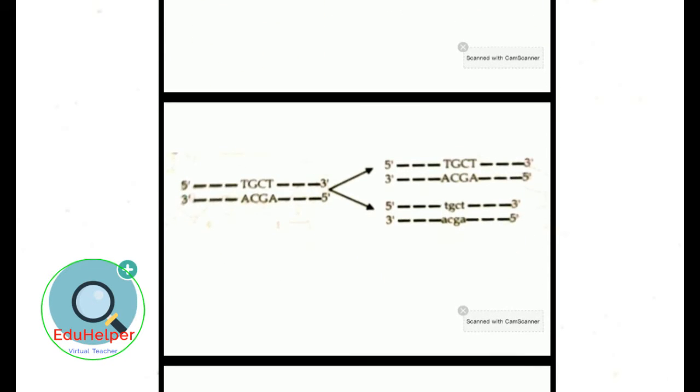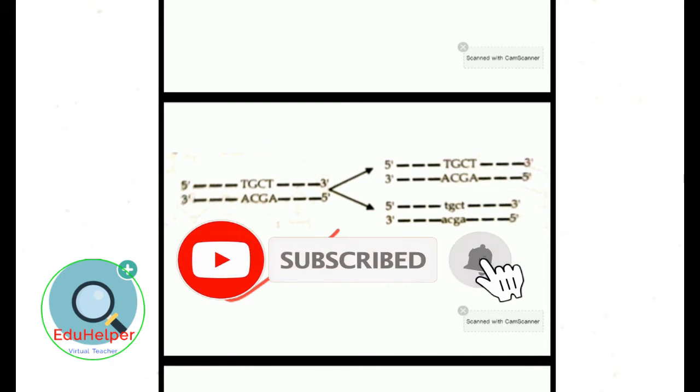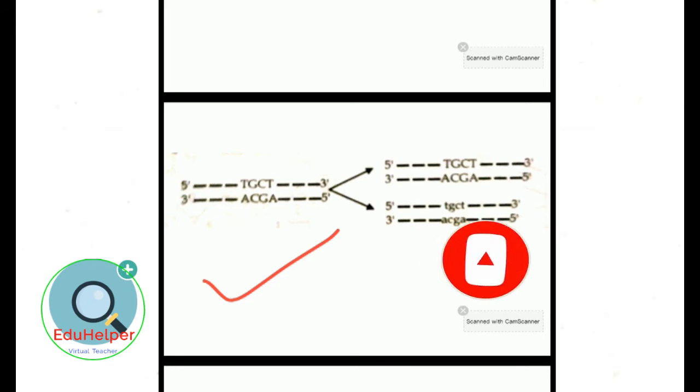Second one is conservative replication. Conservative replication would leave the two original template DNA strands together in a double helix and would produce a copy composed of two new strands containing all of the new DNA base pairs.